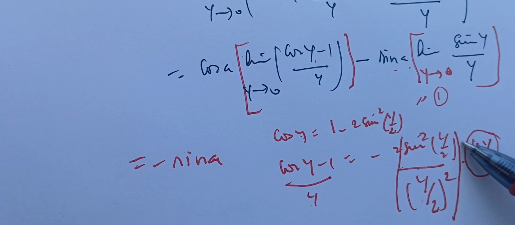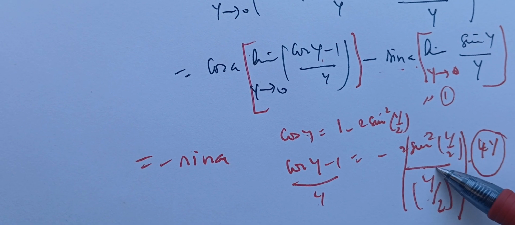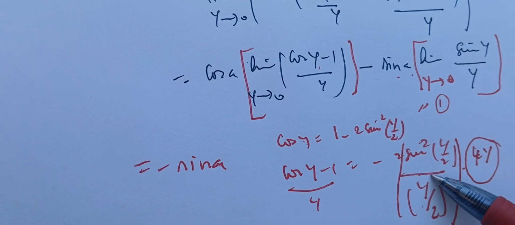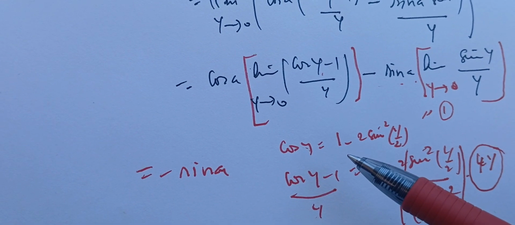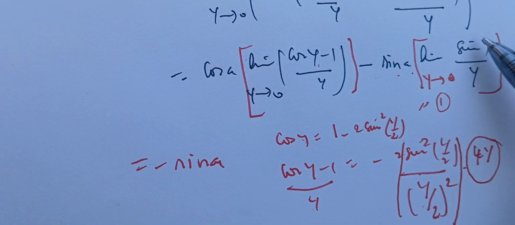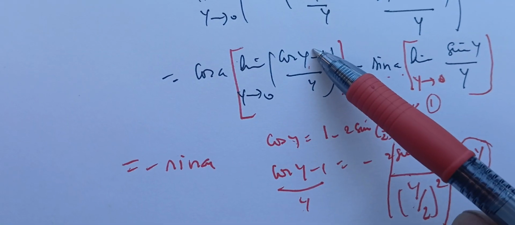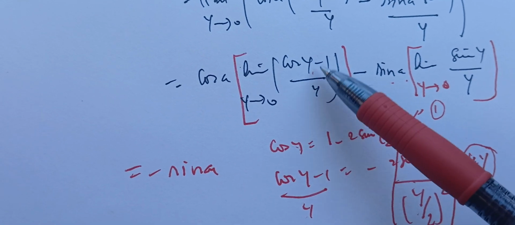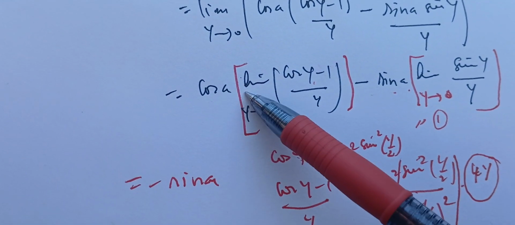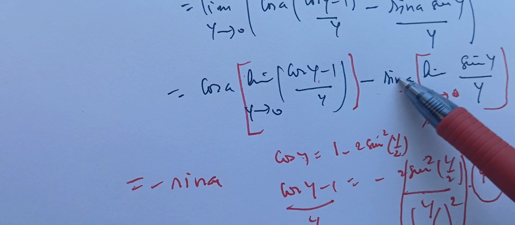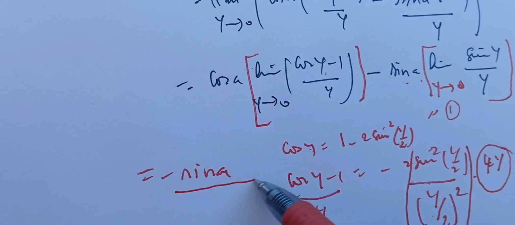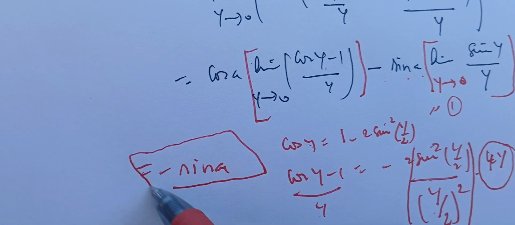So this limit is 0, times cosine of a is 0, and therefore we have 0 minus sine of a times 1. Therefore we have minus sine of a, and that's what we needed to prove.